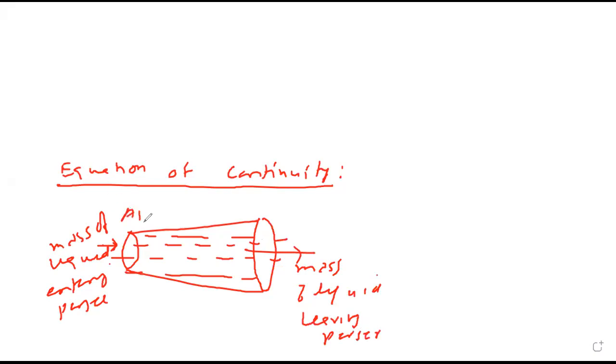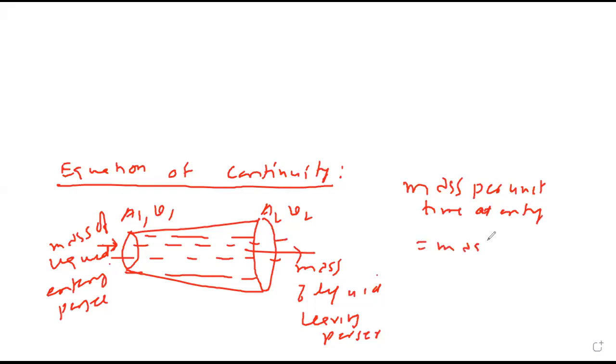So if A1, V1 are area and velocity at entry and A2, V2 are area and velocity at exit, then mass per unit time at entry is same as mass per unit time at exit.